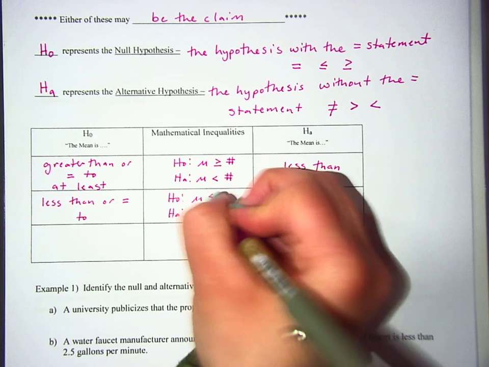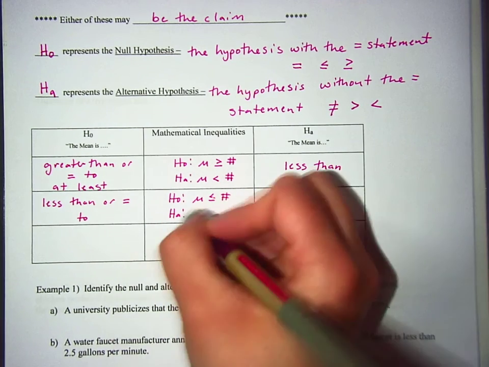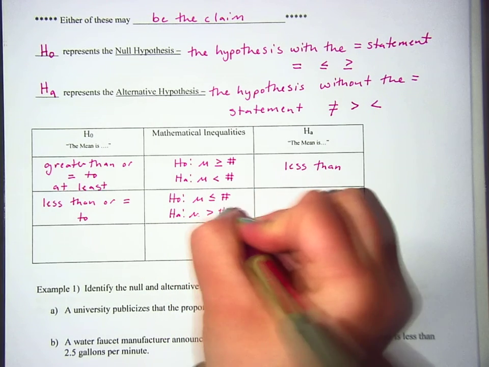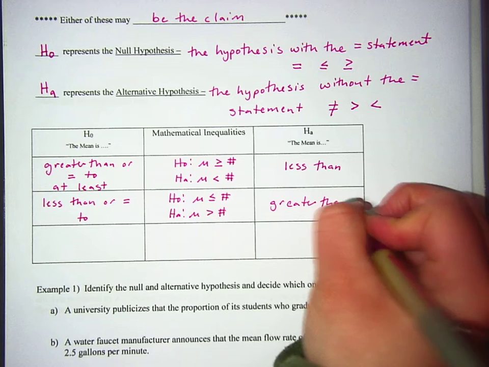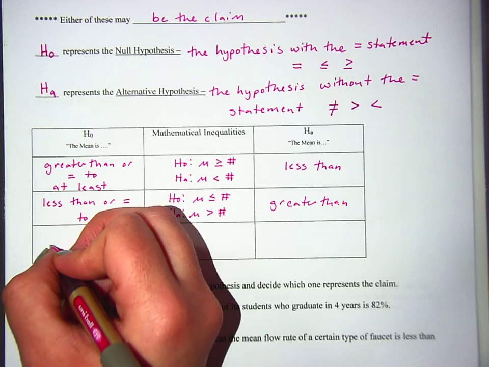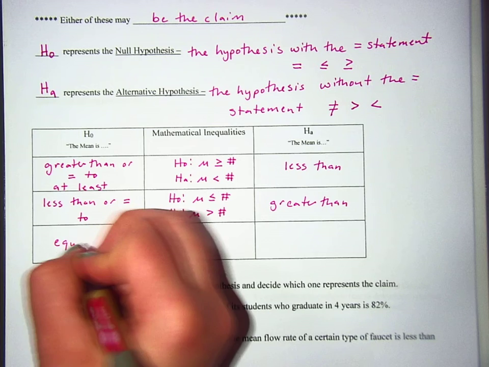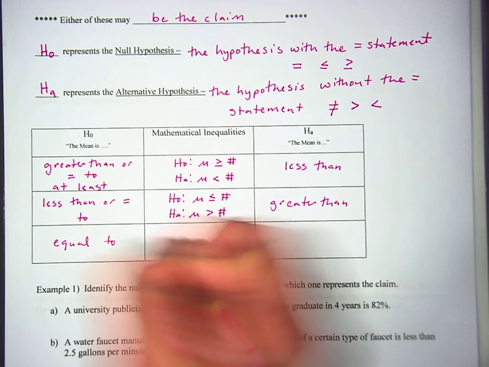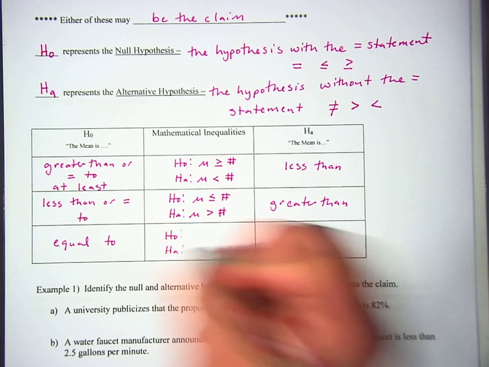Which looks like this. And the opposite of being less than or equal to is being greater than. And the final H sub O that is possible is being equal to something. So your claim could be that something is equal to something else, and by that I mean equal to a number.